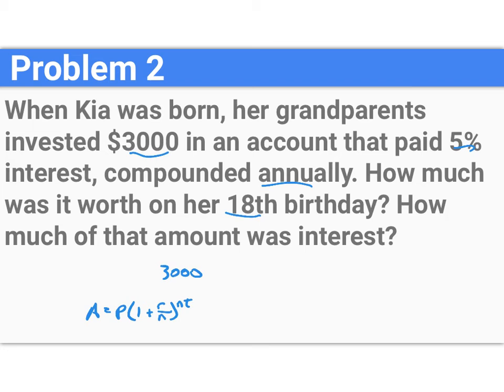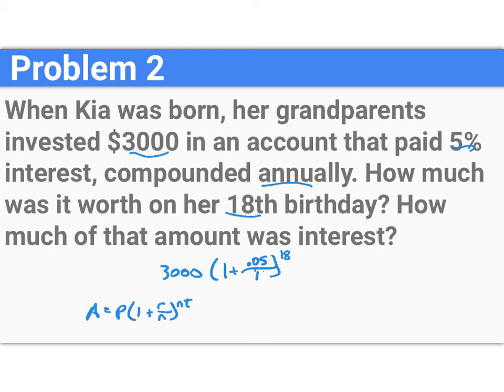So, 3,000, 1 plus our rate, which is 0.05, divided by, oh no, wait, it was 1, I'm sorry. 18 was the, this is 1, this bottom is 1, because it's compounded annually.